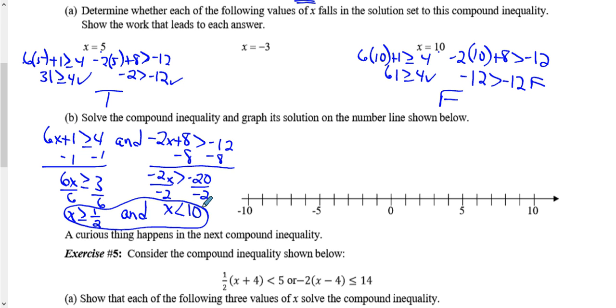But I'd like to rewrite that as a single statement. So we start with which number? The lowest. Which is what? 1/2. And then what's my symbol? Less than or equal to x, less than 10.